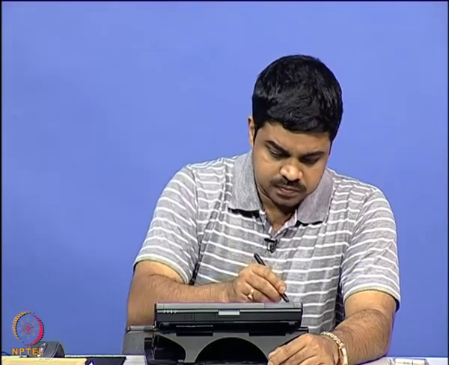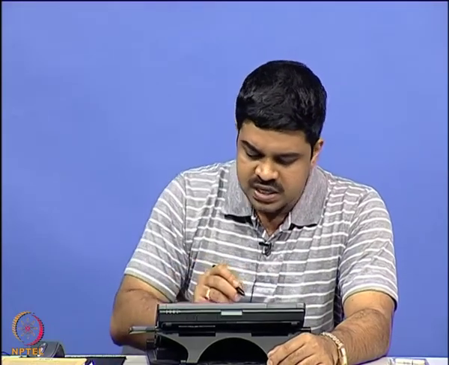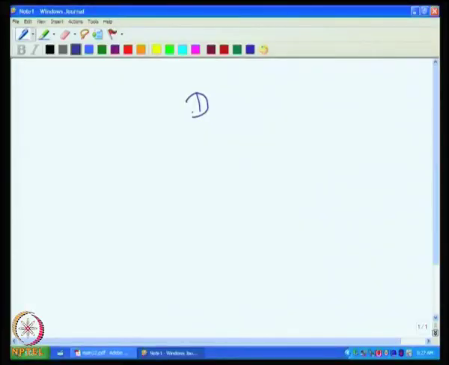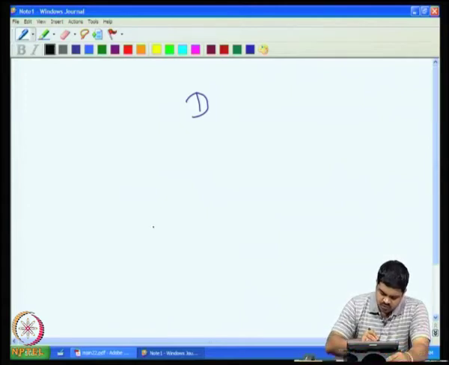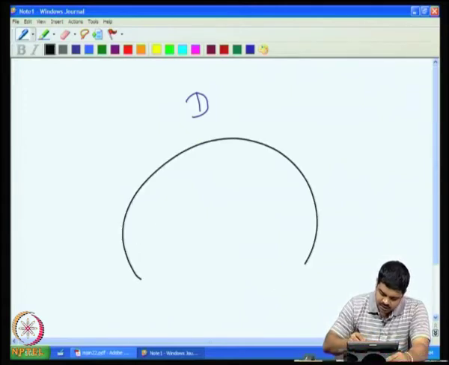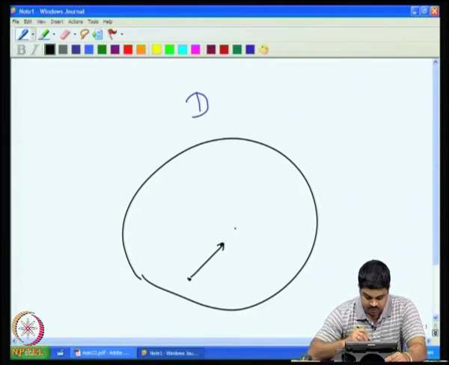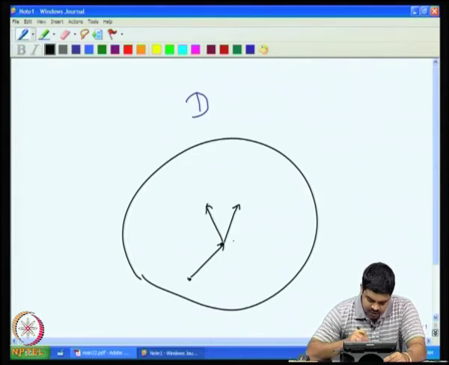So, we consider a directed graph D. What we first do is, suppose this is the directed graph, we start taking some edges from it in such a way that there are no cycles in it. We keep adding edges as long as we do not introduce a cycle.